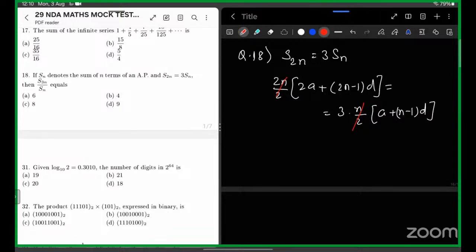Rather than cancelling n by 2, let us take it common. 3n by 2 minus, okay. If I take the 3 to this side, can it be like this? That means 2 by 3 times of 2a plus 2n minus 1 into d equal to a plus n minus 1 into d.